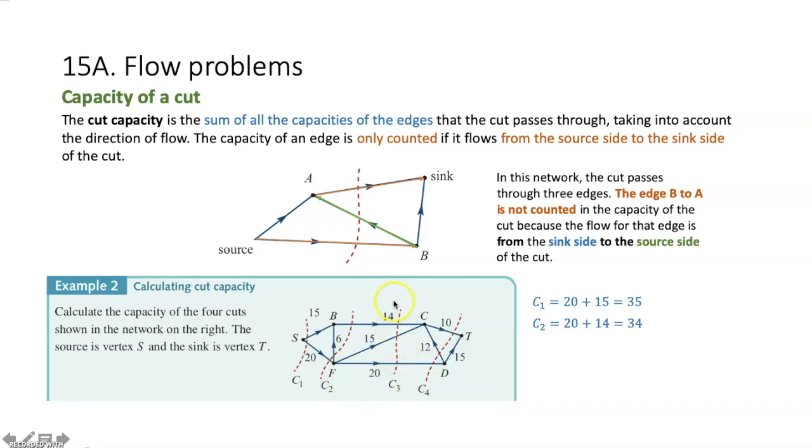Then cut 3 passes through 3 edges, BC, FC, and FD. The directions are all from source to sink, so we include all the capacities, giving us 49. And the last cut passes through 3 edges, but DC has the direction from sink to source, therefore we only count FD and CT, which is 30.